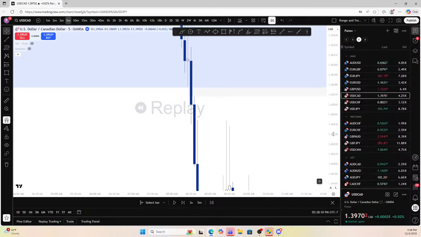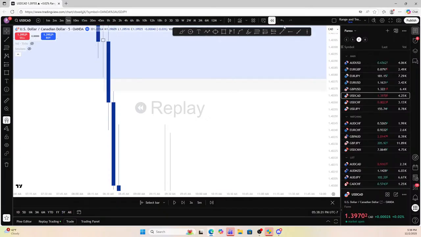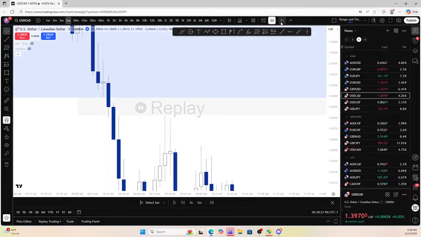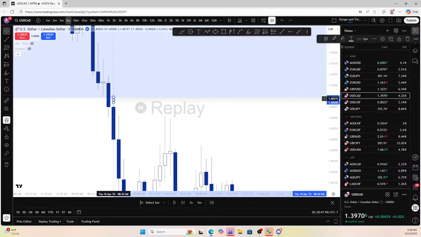You can see because our original, let's back it up a second, this fair value gap has been mitigated by this candle here. See how I went straight into it? So therefore, it's no longer valid in that area. But it's still valid because we still have a fair value gap. It's just smaller now, but it's still there. So it's still an inefficiency.